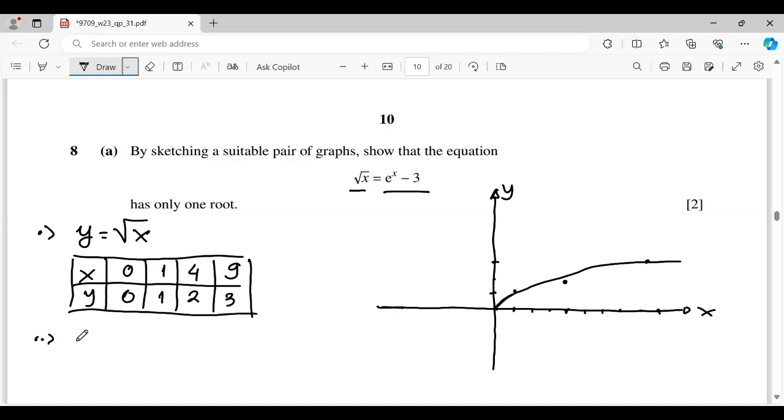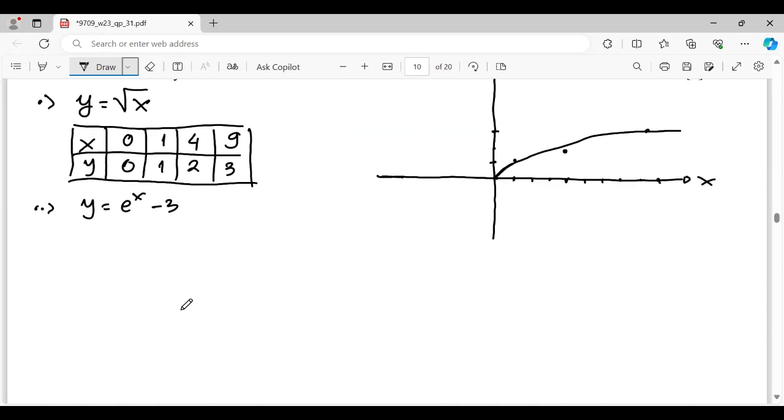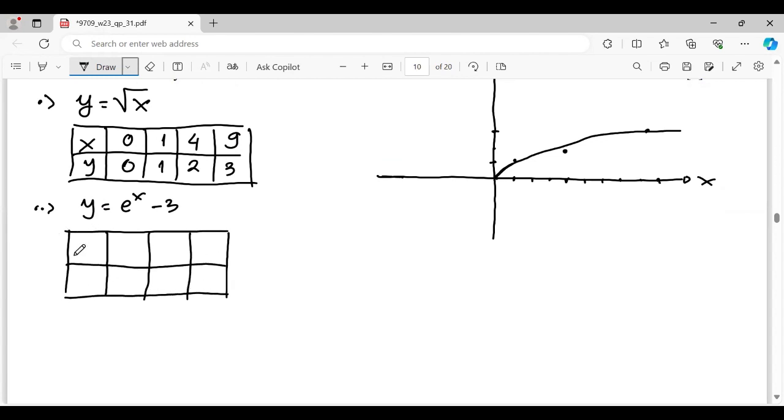And the second graph is y equals e power x minus 3. I'm going to find 3 coordinate points, x, y. If x is 0, e power 0 minus 3 equals minus 2.